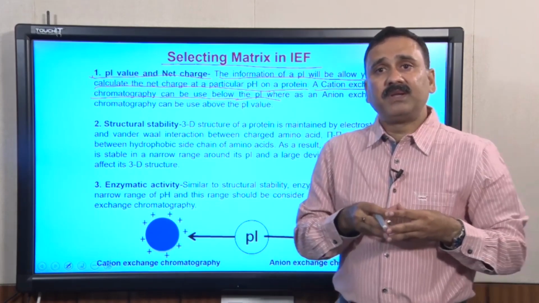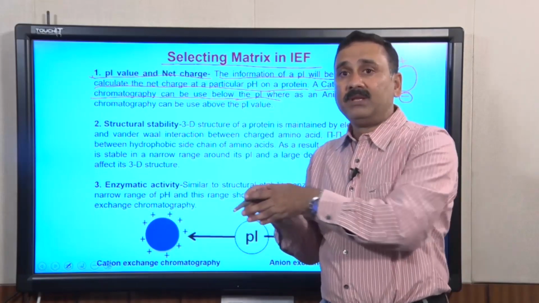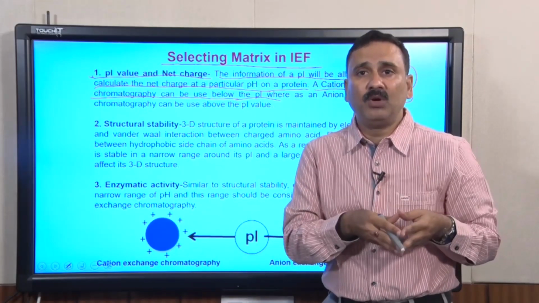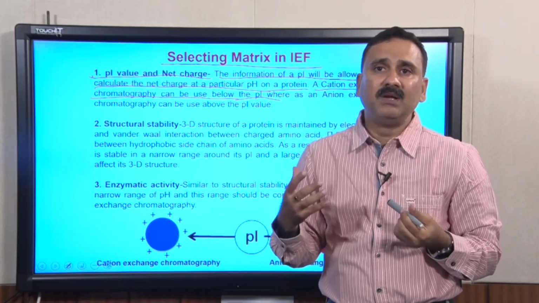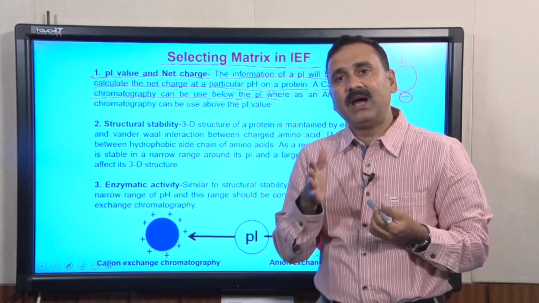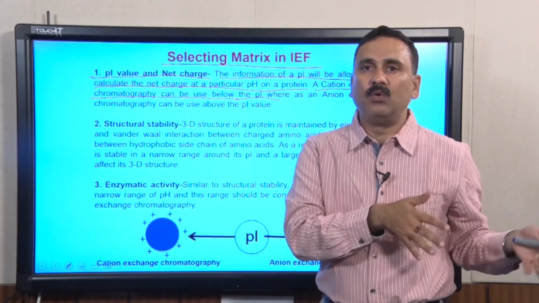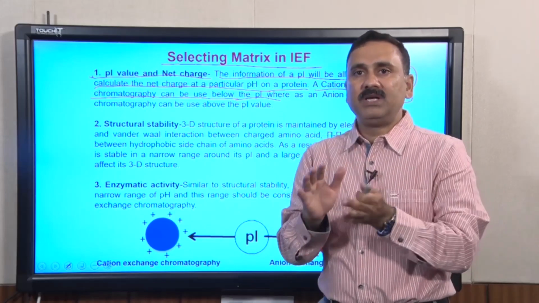For practical purposes, how much we should go down and how much we should go up, there is no such rule or formula, but what people have realized from their experience is that you definitely have to use at least 2 units of pH to go down or 2 units of pH to go up.